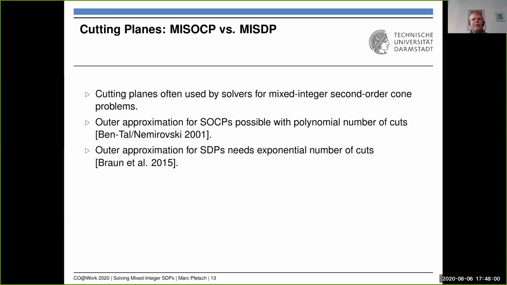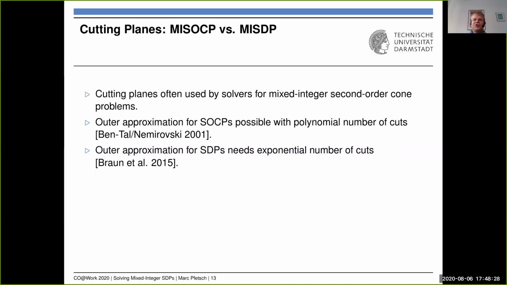Just a quick theoretical comparison between mixed integer second order cone problems, if you know what this is, and mixed integer SDPs. For second order cone problems, cutting planes are often used in practice. Many solvers use an LP, linear programming based approach, and one can use the outer approximation method that I showed previously or quickly mentioned.